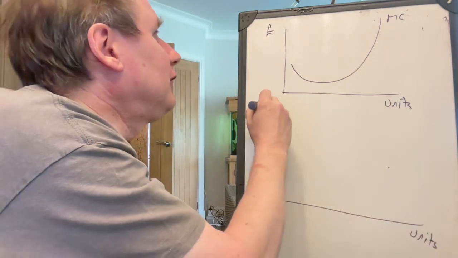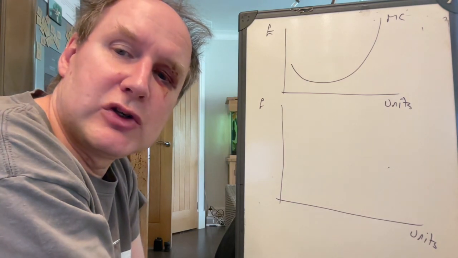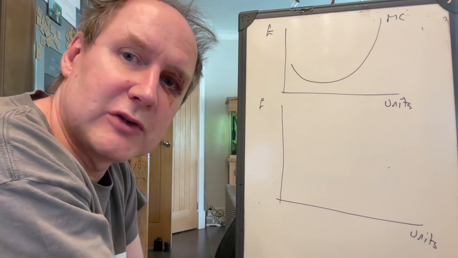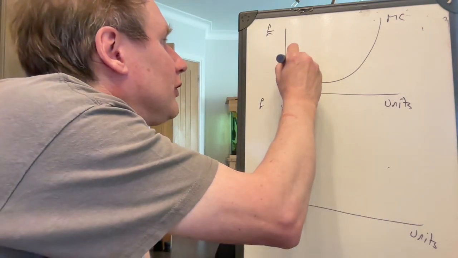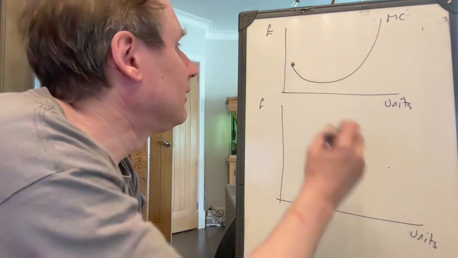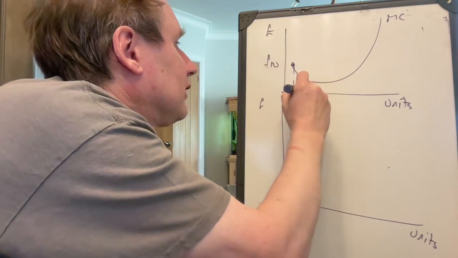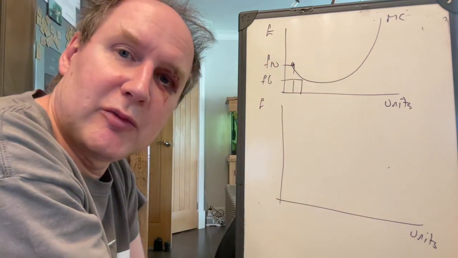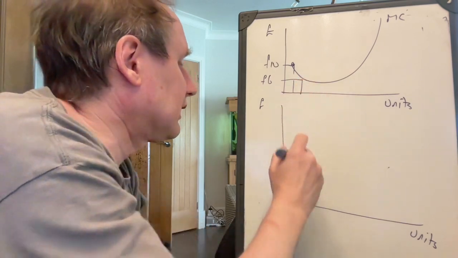If you looked at the video on the relationships between marginals and totals, then you'll find this quite easy. The first unit costs £10, so total variable cost goes up by £10. The second unit costs, say, £6. So my total variable cost now goes from 10 to 16.